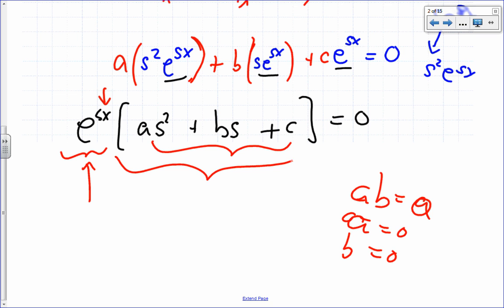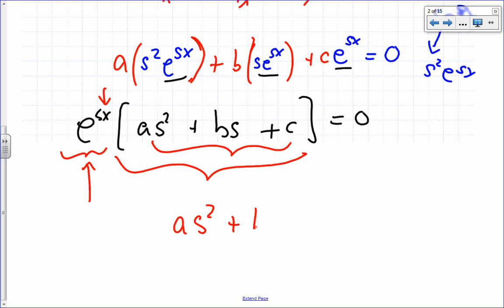So this expression right here must be equal to 0. So for e to the sx to obey this differential equation, it must be true that a s squared plus bs plus c is equal to 0.